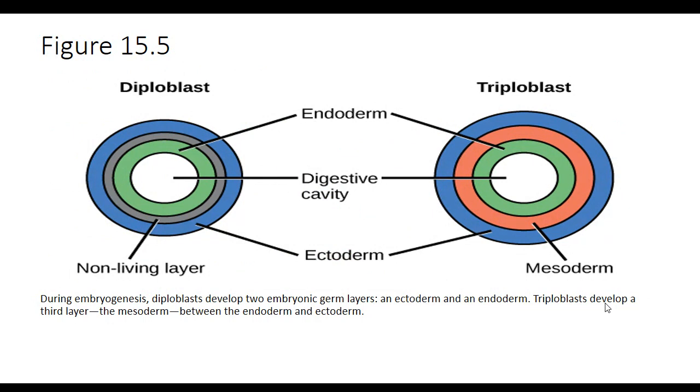The endoderm will become the wall of your throat and stomach and small intestine and large intestine. So this hole is where the food passes through you. The mouth at one end and the anus at the other end. And in between, the mesoderm will become your muscles, skeletal muscles, and some other organs.